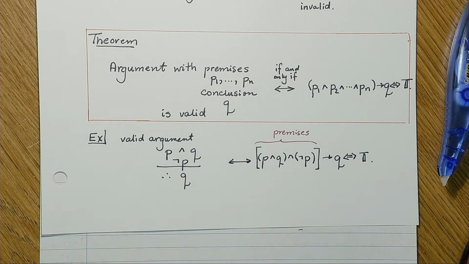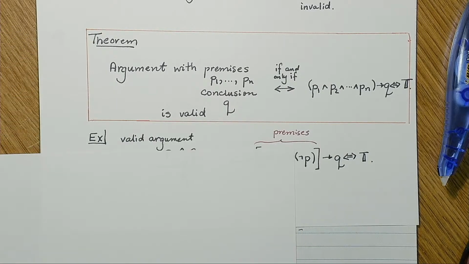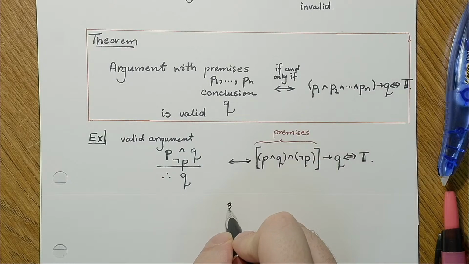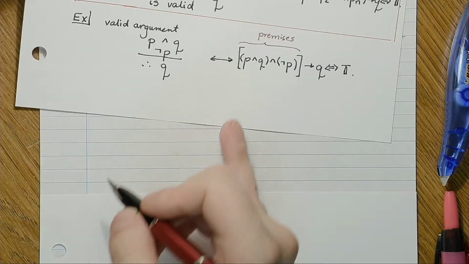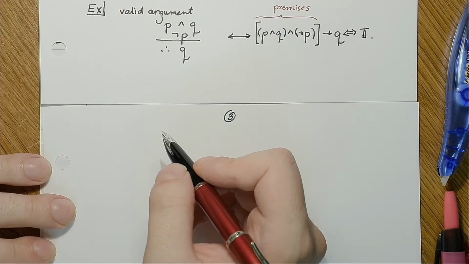So we can do a truth table for that. So here's number 3. That up here.